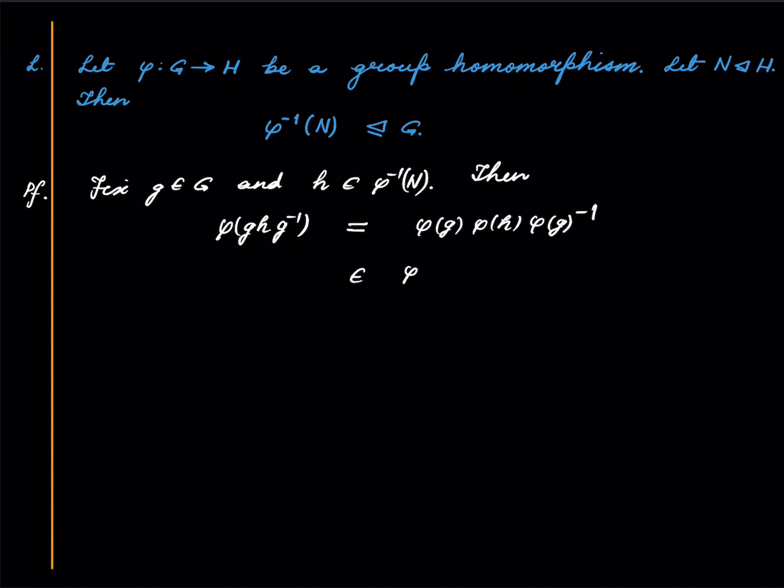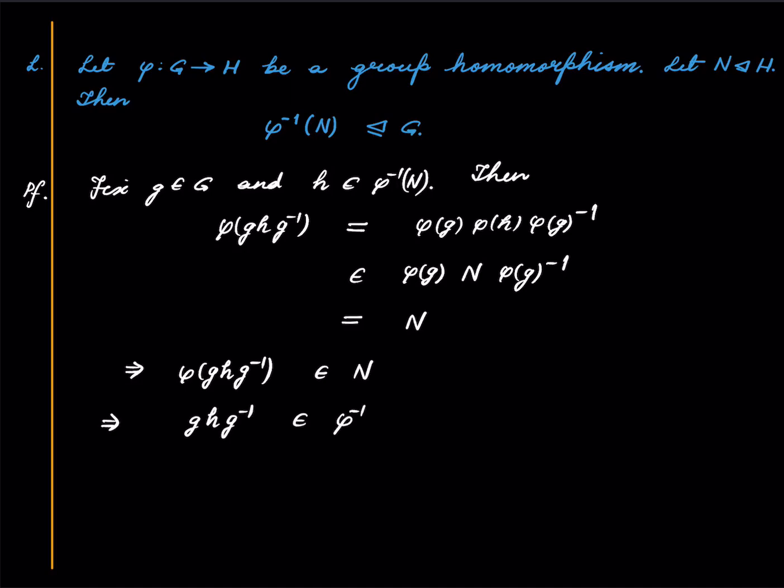All right, let me not skip that step. So this belongs to that, because phi h belongs to n. h was chosen in phi inverse n, so phi h belongs to n. So we have that. But now we use normality to deduce that this is equal to phi g h g inverse, which belongs to n by normality of n, and therefore what we have shown is that phi(g h g inverse) belongs to n, which is as good as saying that g h g inverse belongs to phi inverse n.